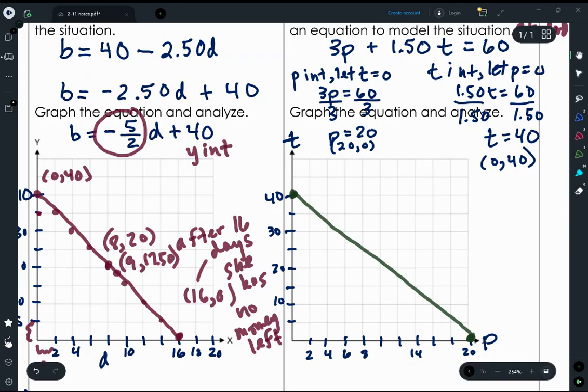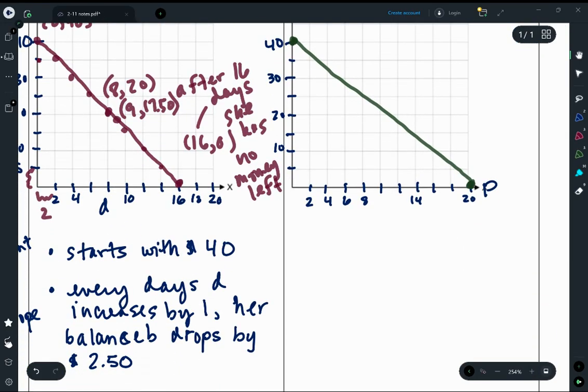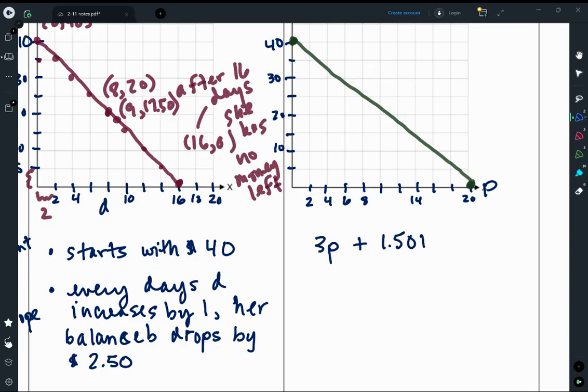So what we want to do is take our equation and do a little bit of rearranging here. I've got the equation written down on paper so that I can just copy it down. You can see your whole paper at once, but I can't see that. So 3p plus 150t is equal to 60. And then I am going to solve this for my y, which is my t. Okay, so I want to solve for the y-axis.